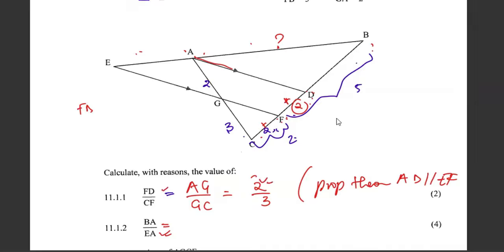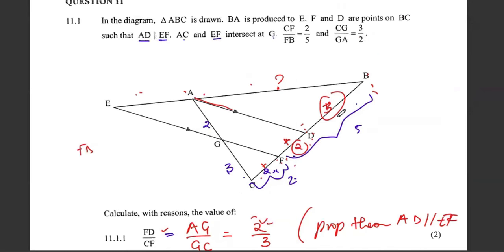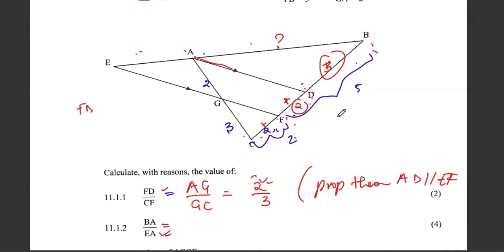Meaning that out of the 5, this BD is going to be a 3. And then before we even go further, let's just start by writing the ratios down. Since they want BA over EA, which is going to be the same as BD over DF.